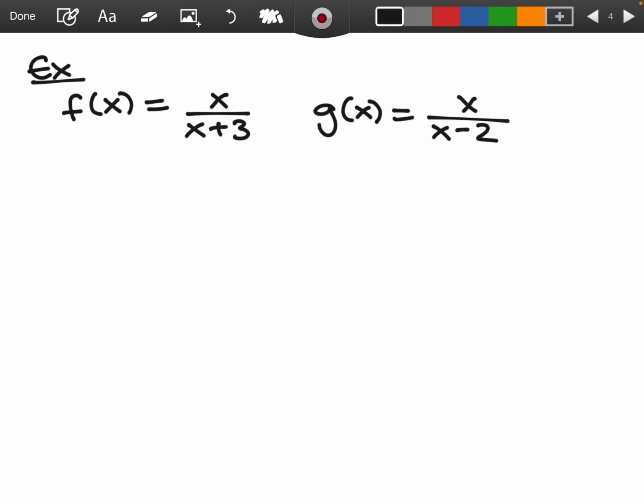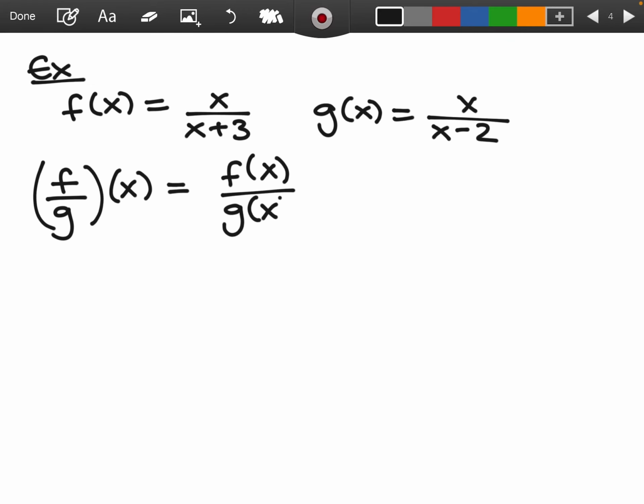Okay. Couple ways you can deal with this depending on what the problem asks. First thing I'm going to look at is what is f over g of x. So we know that that's f of x over g of x, which would be x over x plus 3 over x minus 2.